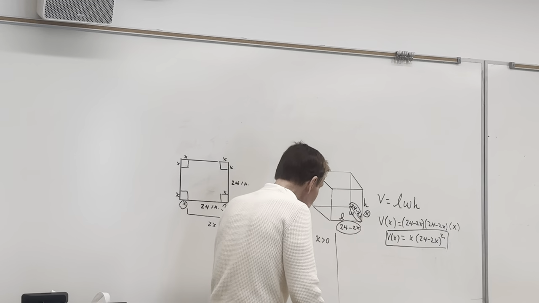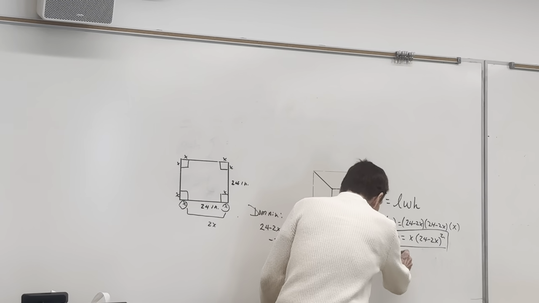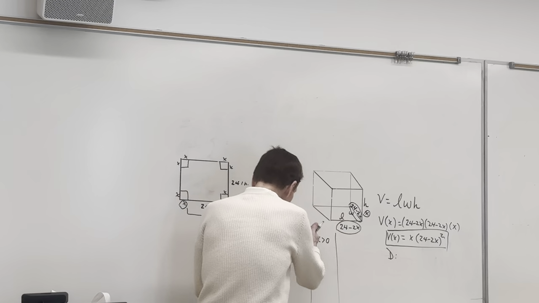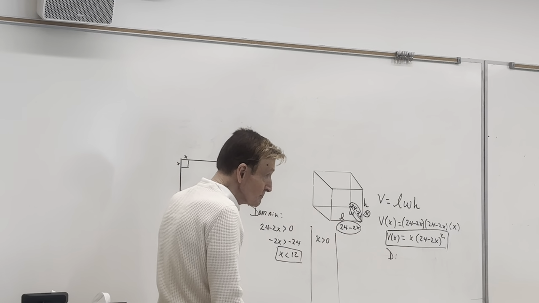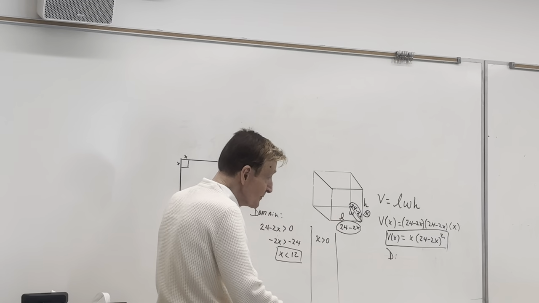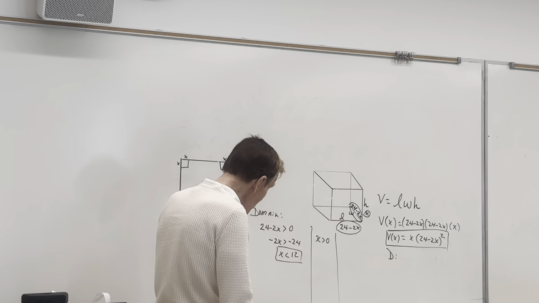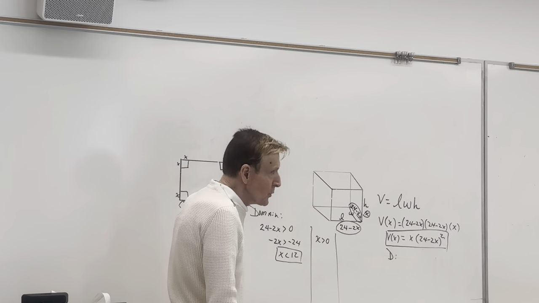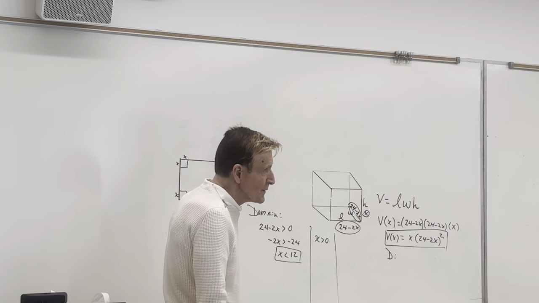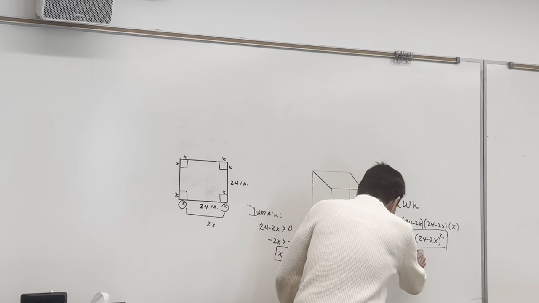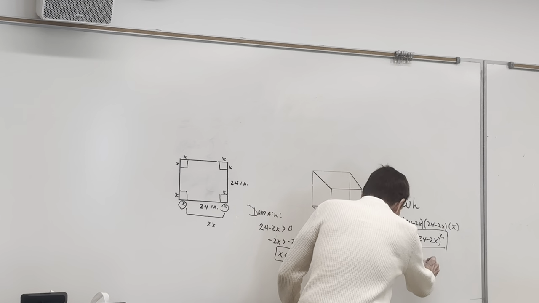Now, can anyone tell me what the complete domain of this function would be, based on what you see here? Put both together. In interval notation, is it negative infinity to 12? No, sorry. Actually, just 0 to 12, open 0, 12. There you go. 0 up to 12.